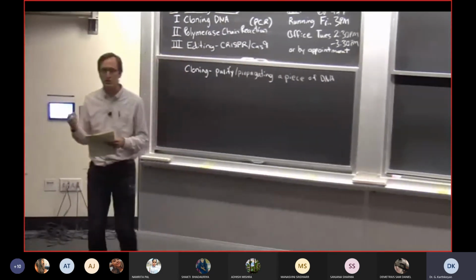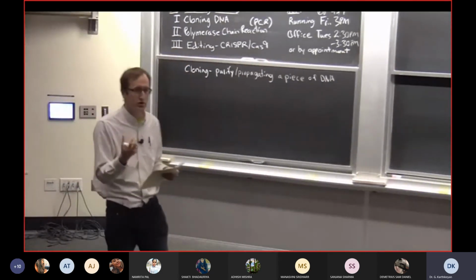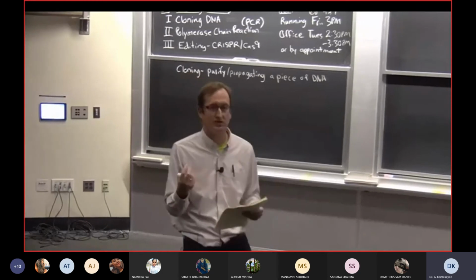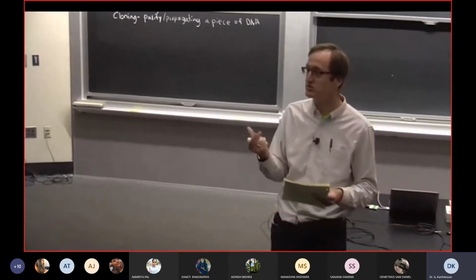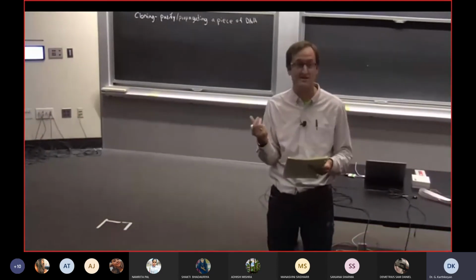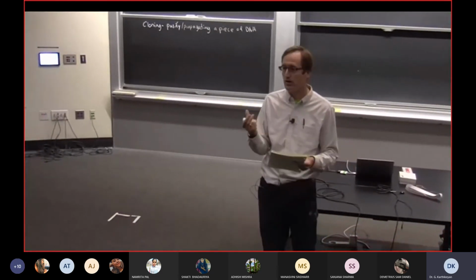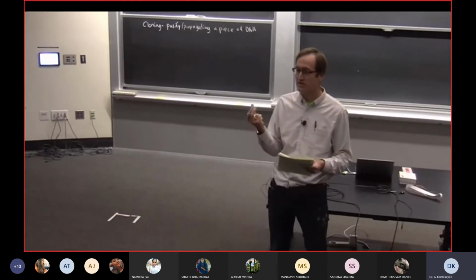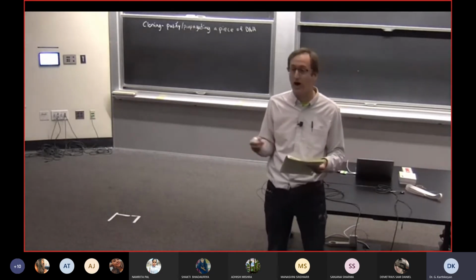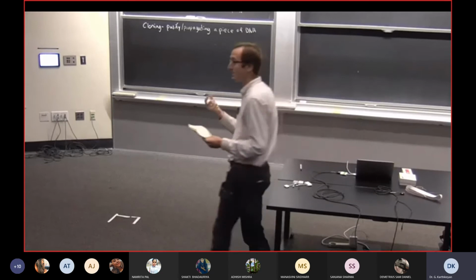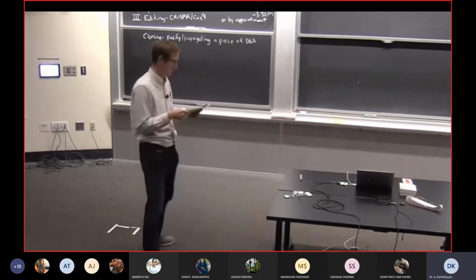So the goal for this lecture is for you to know how, if you wanted to identify a piece of DNA, maybe one that contains a given gene, you would go about getting that DNA in a state that can be propagated, and how you can identify the piece of DNA you want.